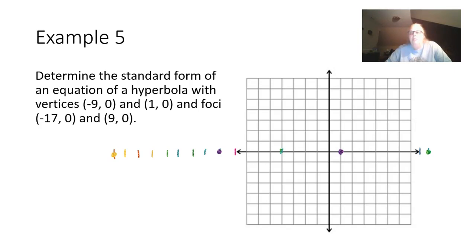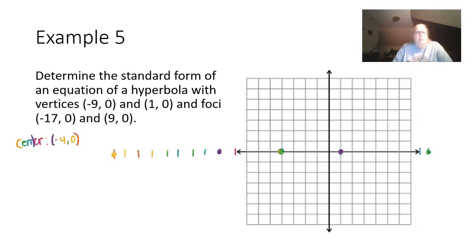1, 2, 3, 4, 5. 1, 2, 3, 4, 5. Yep. So the center we just found out is going to be located at negative 4 and 0. This is important. That means we know that the transverse axis is the x-axis.